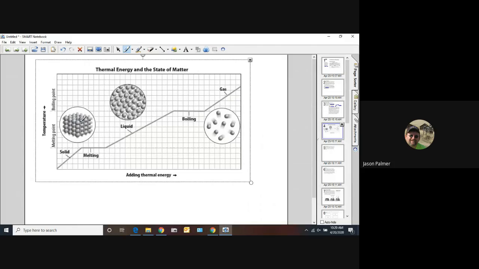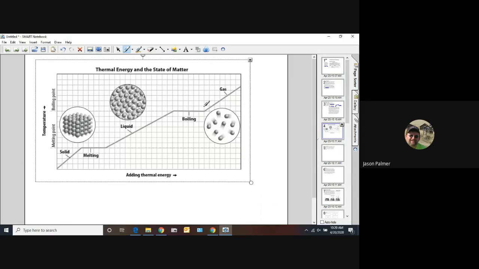Water is an exception. Water actually, when it freezes, makes little holes, and so that's why ice floats when it freezes, because it has a lower density. But most of the time, the solid is going to have the highest density, and as you heat stuff up, it separates more. It can flow around until you get a very low density gas.